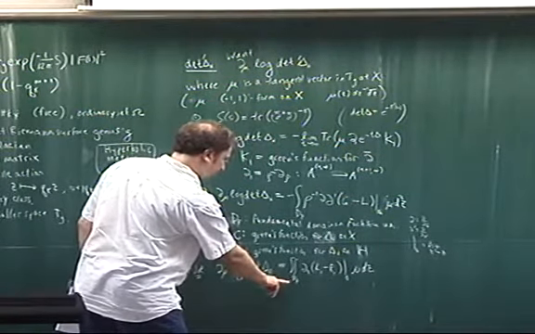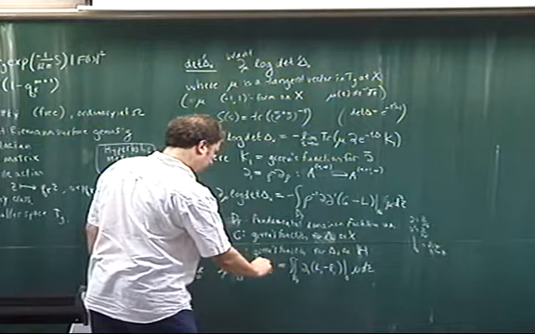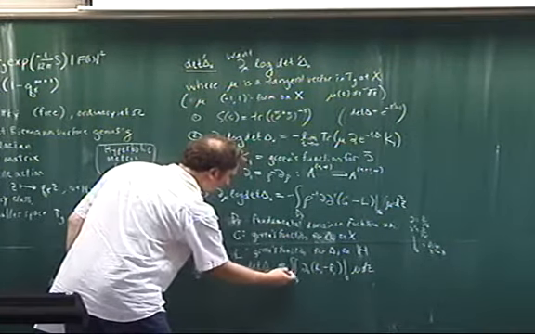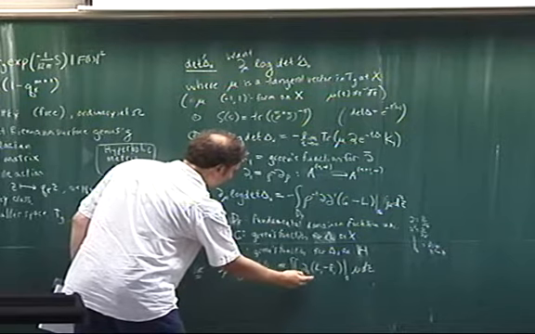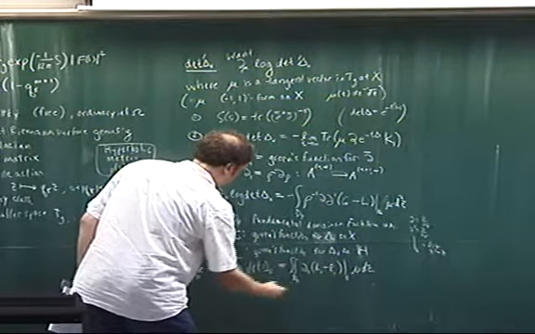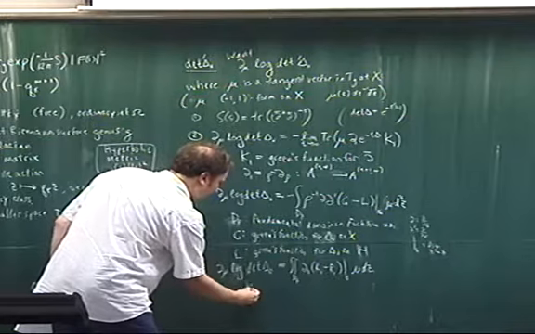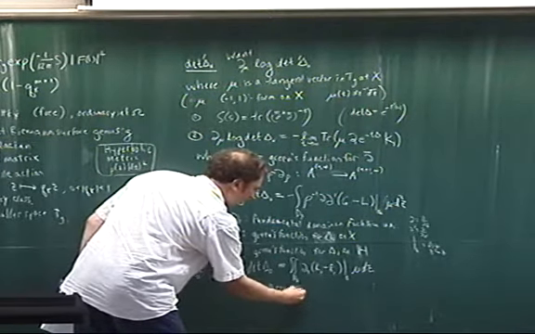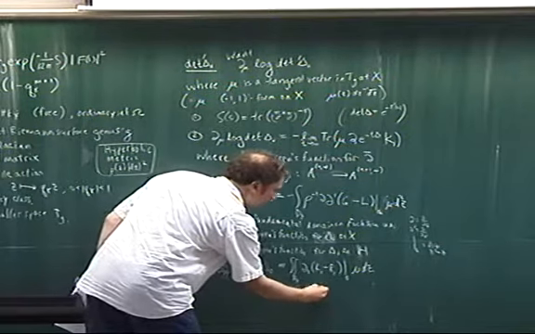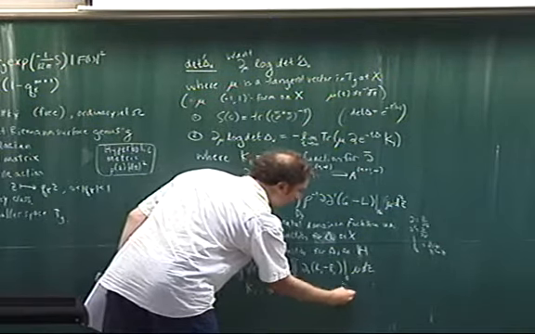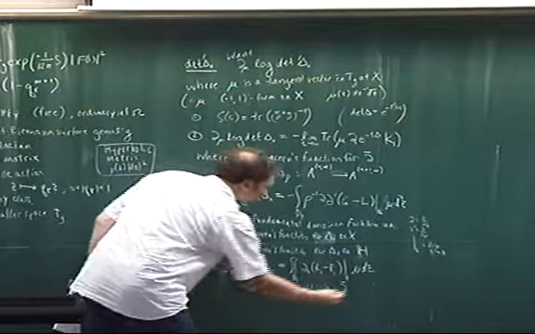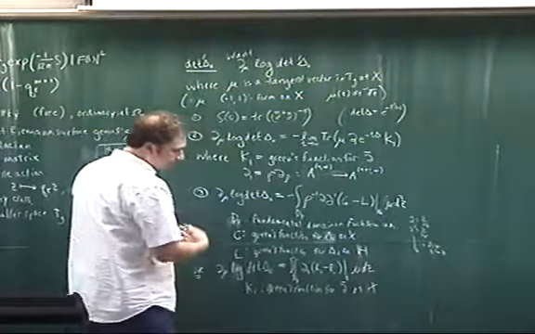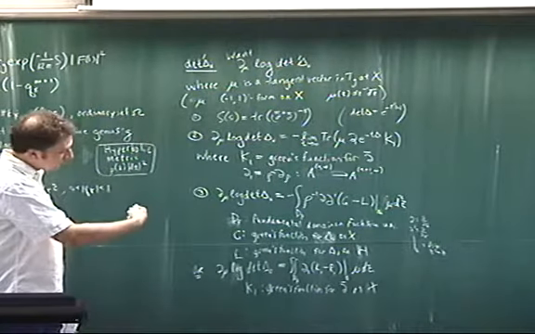Equivalently, take this kernel where K1 is the Green's function for d bar on X lifted to the upper half plane.